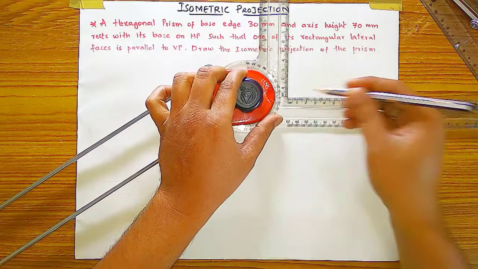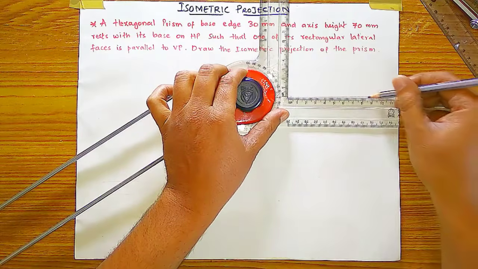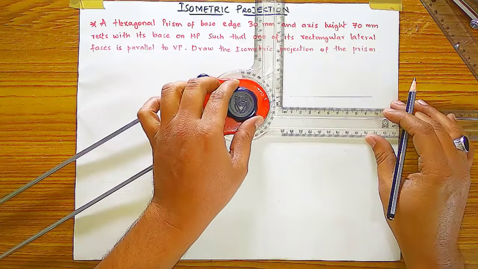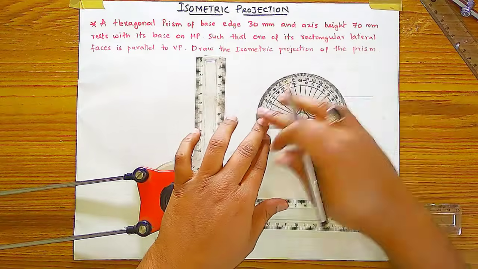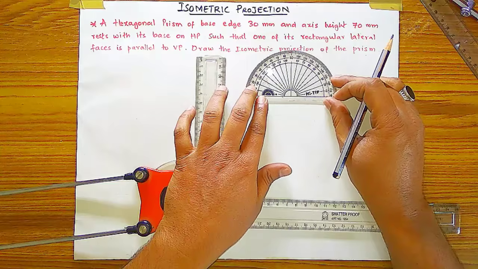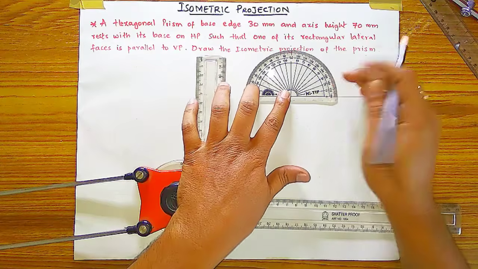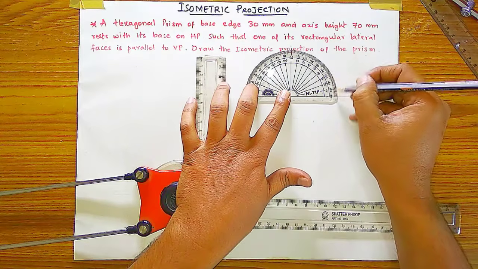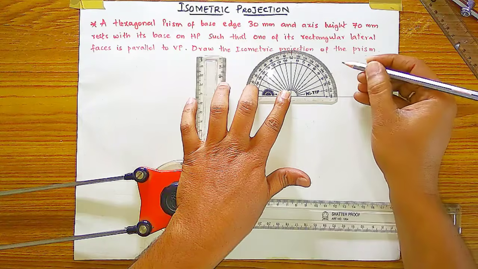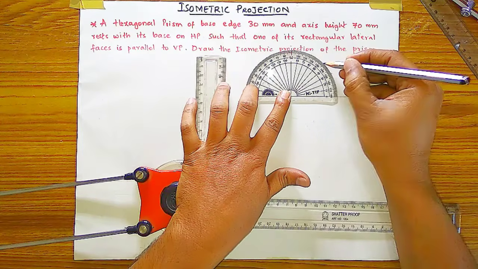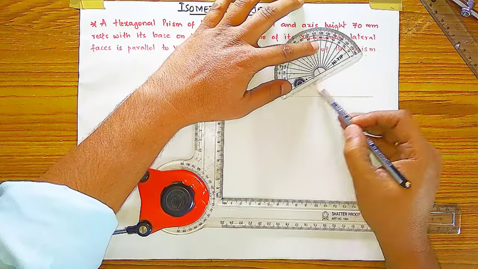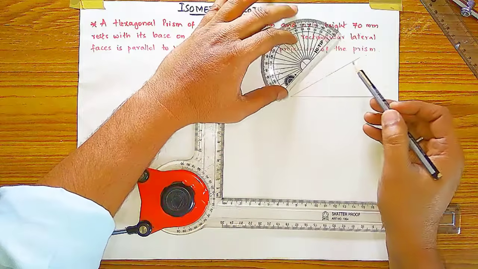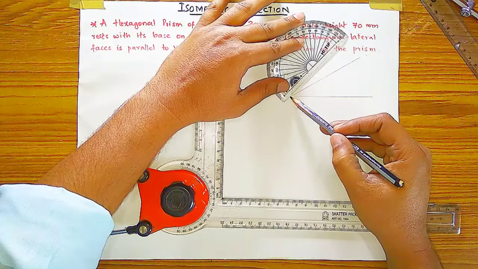How to draw a scale? Take a convenient line like this, and with the angles of 30 degree and 45 degree you have to draw lines. 30 degree from here to here, and 45 degree. From that end draw a line like this, and like this.